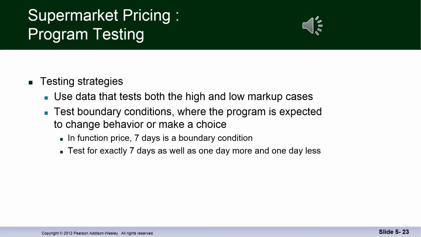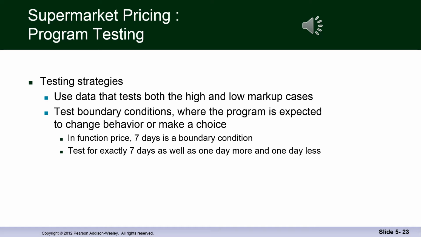Here we have some suggestions on testing the program after it's first implemented or coded. You want to use data to test both the high and low markup cases and focus a lot of attention on the boundary condition, where the program is expected to change behavior or make a choice.